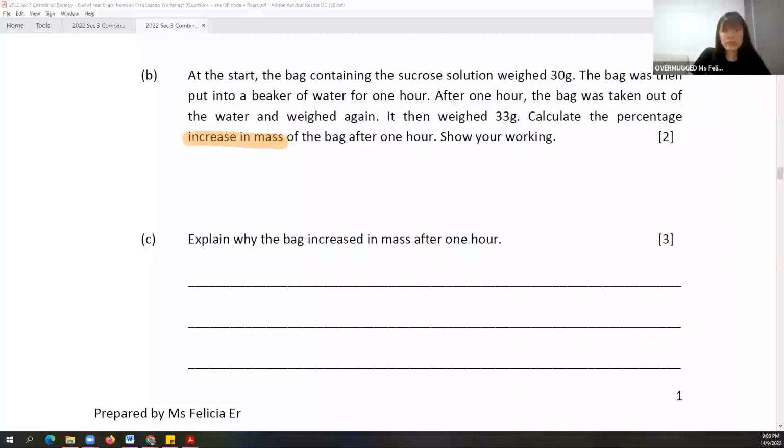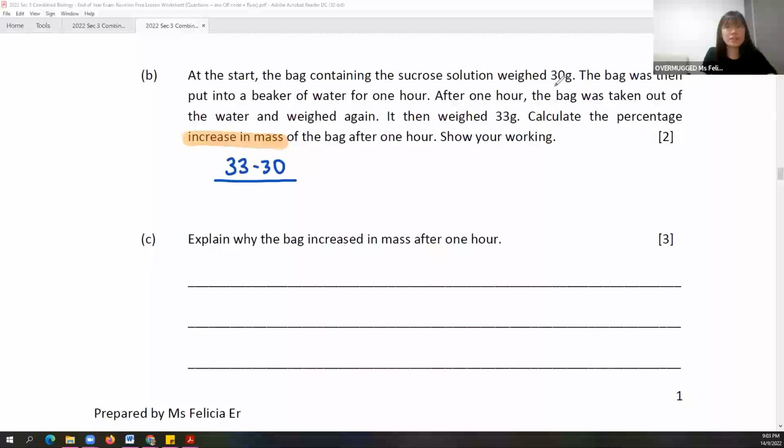So what is the increase in mass? Thank you for your responses. Yep, correct, it's 3 grams, because you take 33 minus 30. Then whenever you divide, do you know which one you divide by?